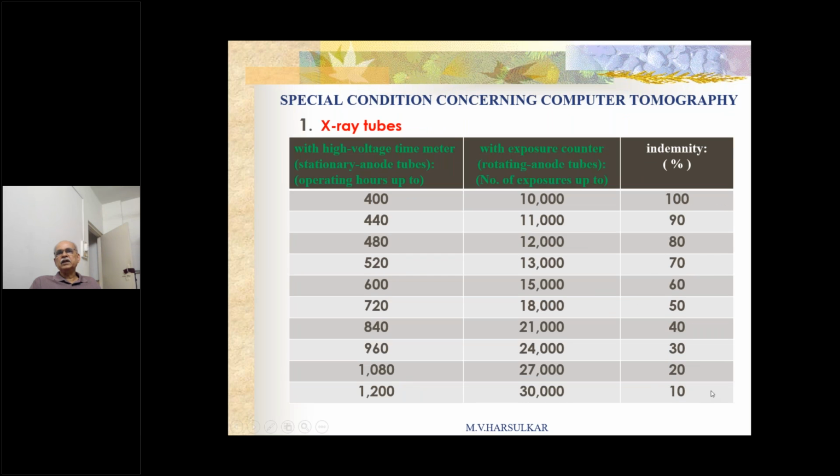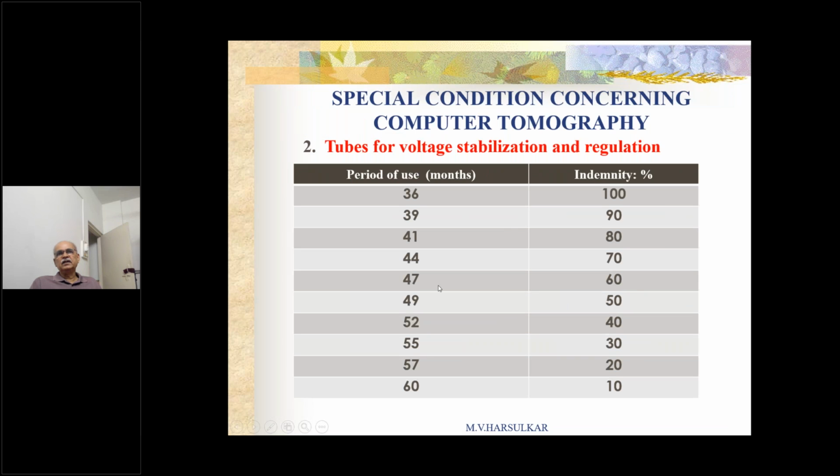Now, in hospitals where heavy workload is there, the hours may not go, but this exposure counter thing, 30,000 exposures they will exhaust in a very short duration. So again that problem will come.